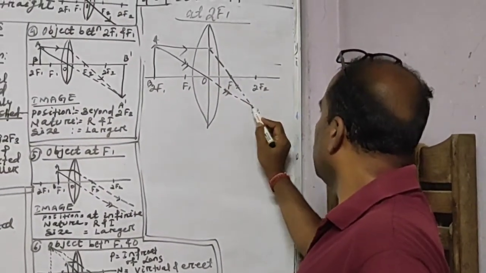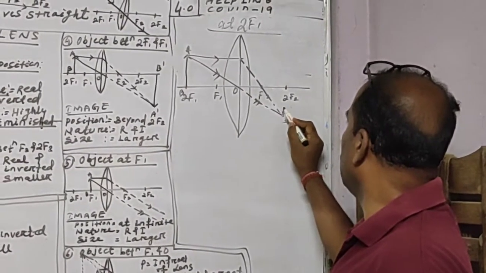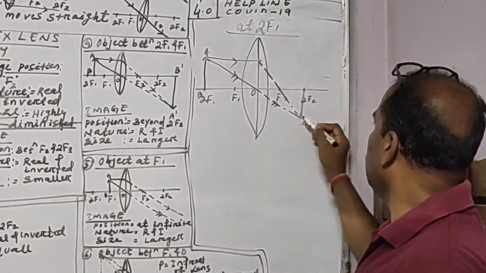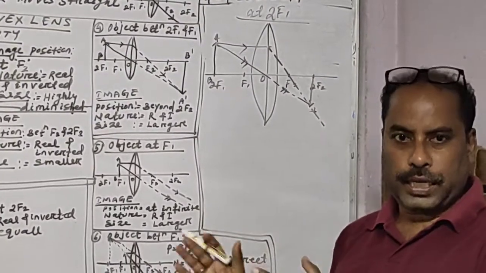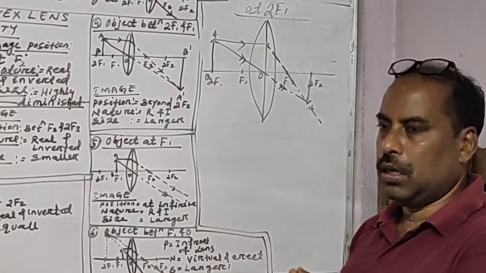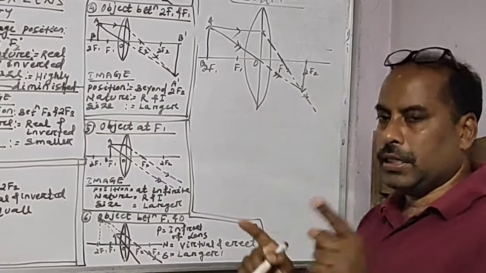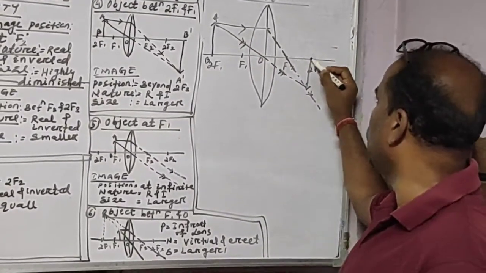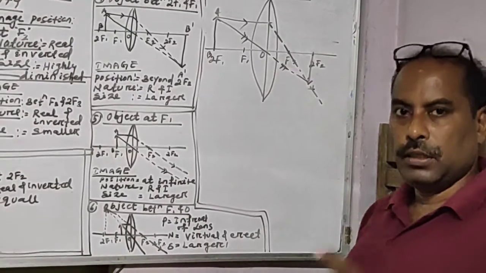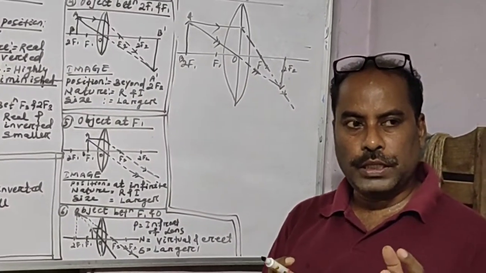Then from here, we are intersecting here, and from here we have to draw a straight line, and you will notice if your ray diagram and measurements are correct, then the image will form exactly at 2f2. Exactly at 2f2, not this side, not that side.